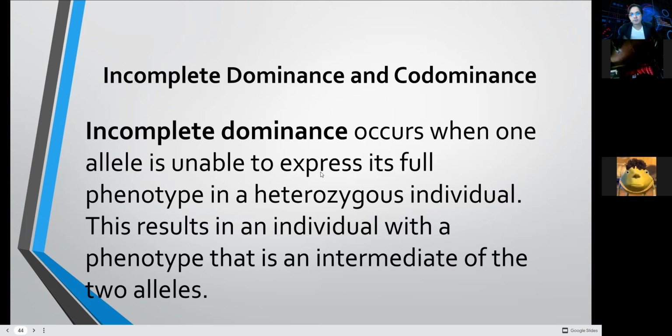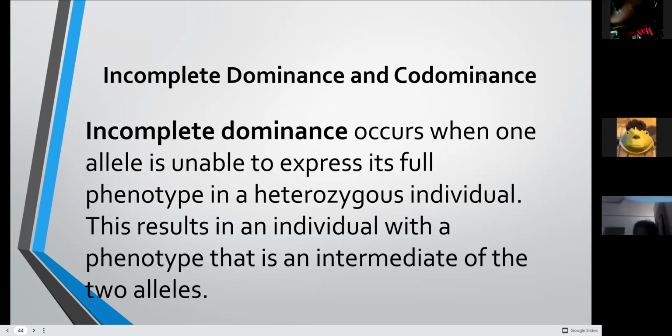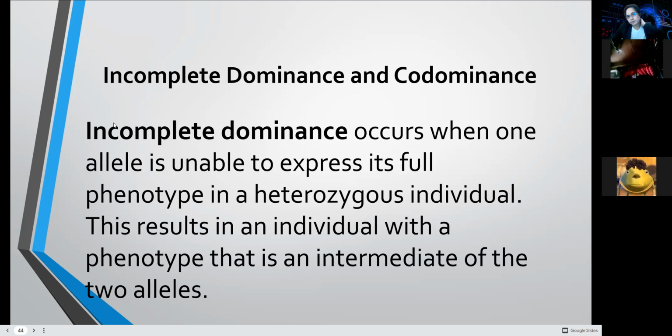What is the definition of a genotype? Anybody? Please turn on your camera, everyone. What is a phenotype and what is a genotype? You need to familiarize them. I didn't ask you to memorize them. I just want you to familiarize them.